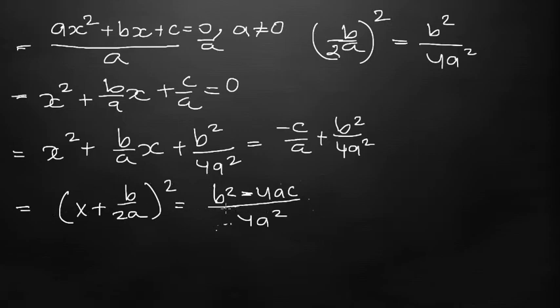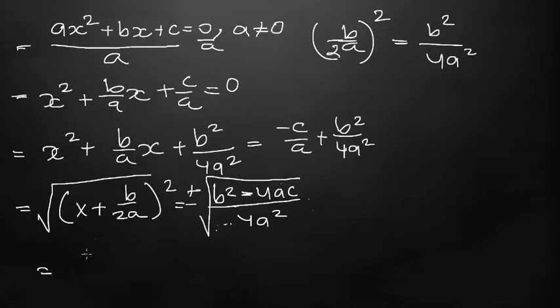So now from here, if you take the square root of both sides, and because you just took the square root, you have to put plus or minus at the beginning.